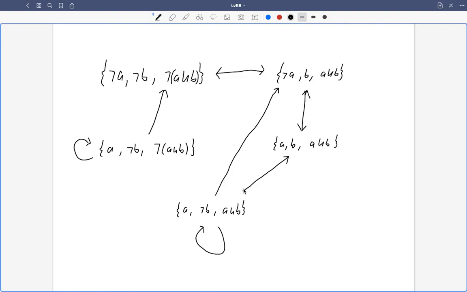This, in fact, goes both ways. So as does this. Here we have a loop. Here we have a loop. This also goes both ways. There are arrows like this. This also comes down to here.